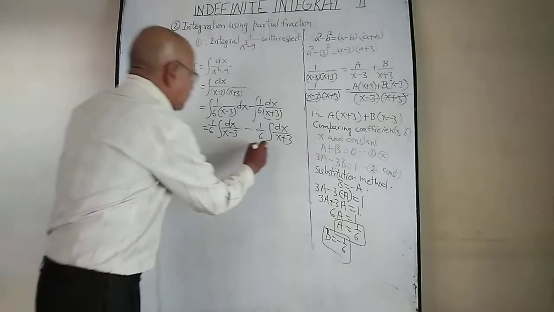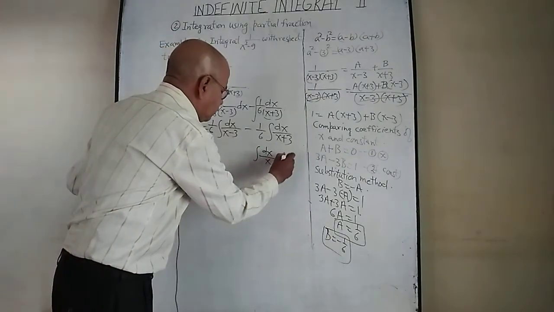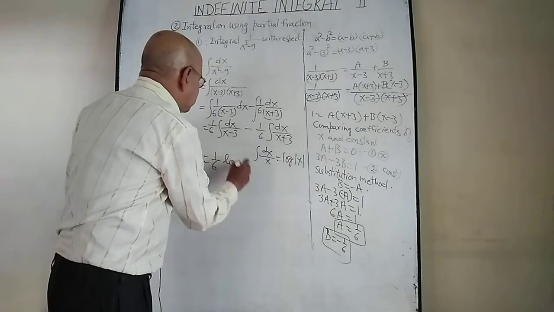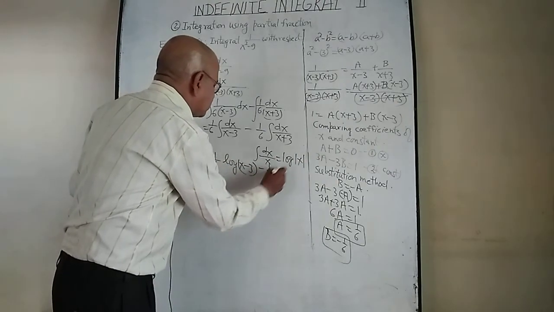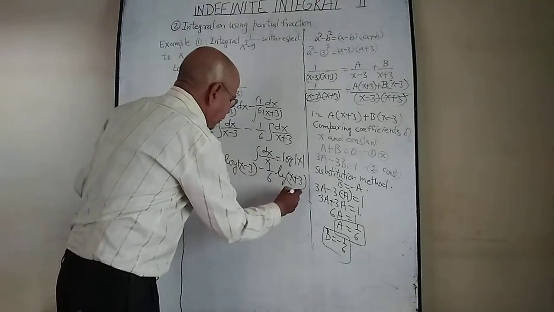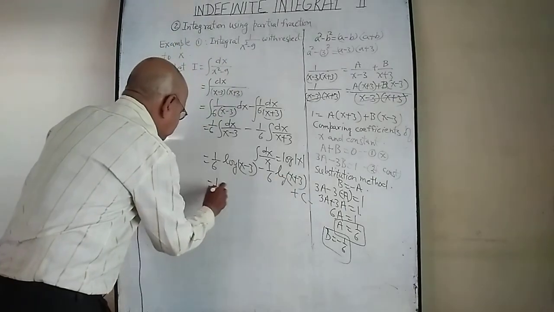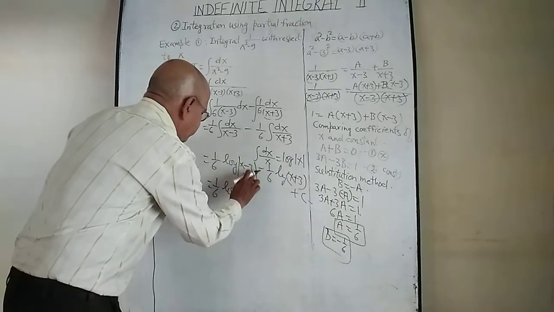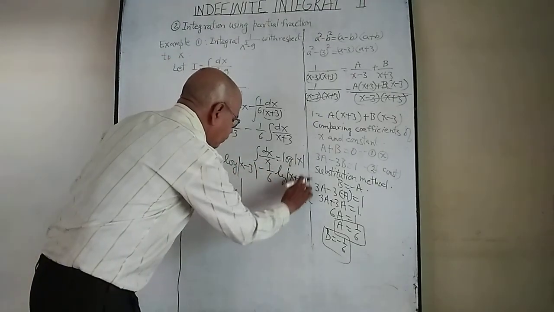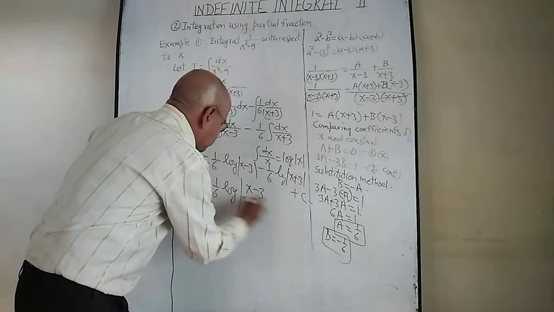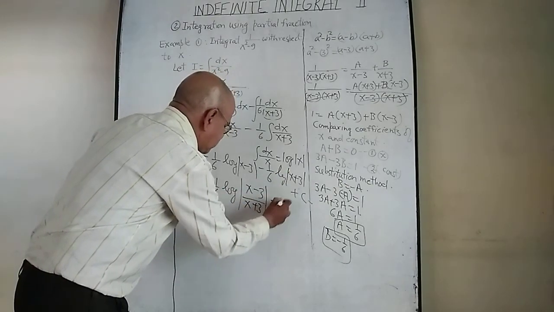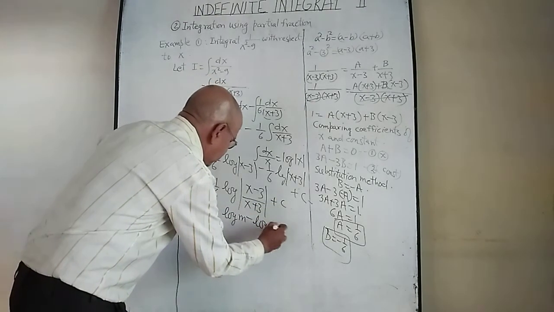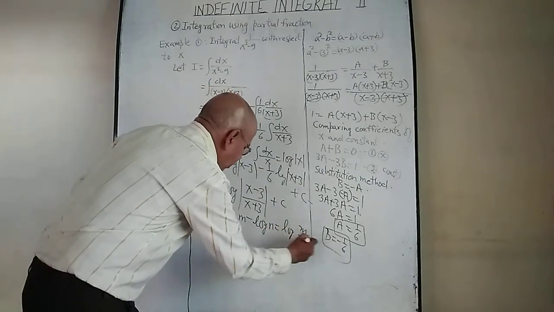As we already know, integration of dx upon x is equal to log of mod x, and therefore we can write 1 by 6 log of mod x minus 3 minus 1 by 6 log of mod x plus 3 plus c, or this is written as 1 by 6 log of mod x minus 3 upon x plus 3 plus c, where log m minus log n is equal to log of m upon n.